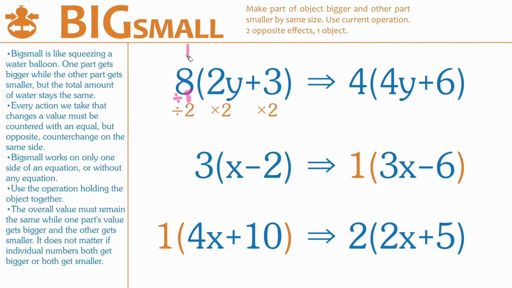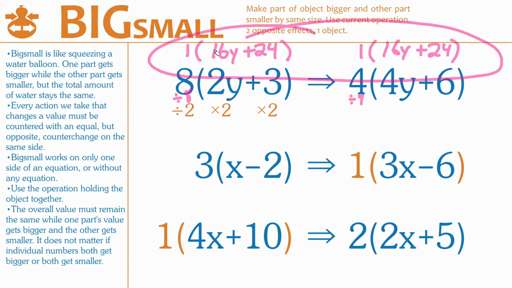So now I end up with 1, and of course I'll end up leaving that invisible in real life. But multiplying by 8 on the inside gives me 16y plus 24. Well, what happens over here? If I divide by 4, which will bring me down to 1, 4 times 4y, 16y. 4 times 6 is 24.